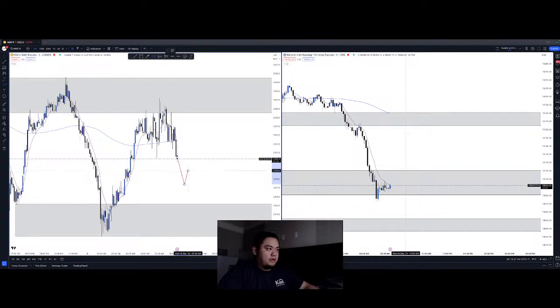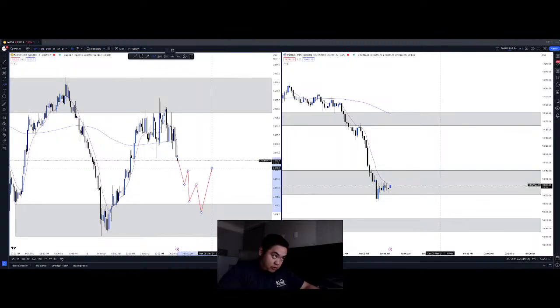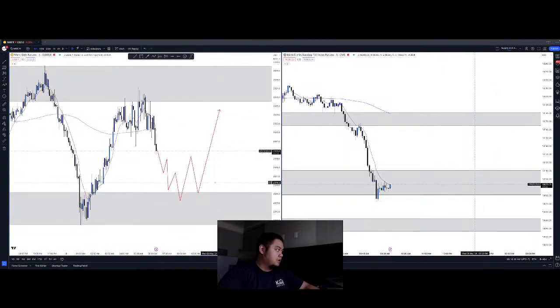I'd like it to come down here, create some sort of lower high, lower low situation, break of structure, come back in to go long. That's the first scenario.